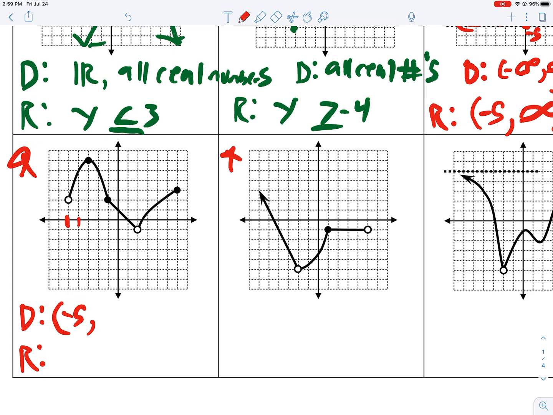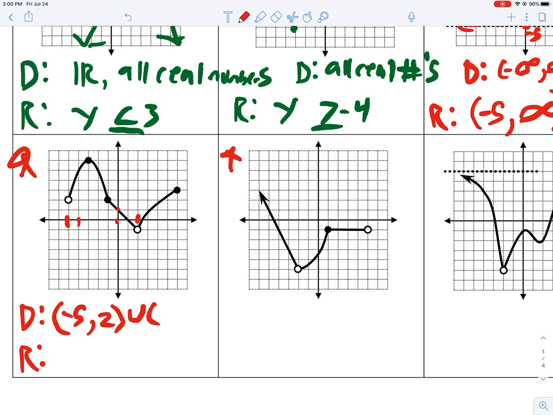Now you keep going, at 0 there's a point, but when we get to 2, there's another hole in the graph. So when I say x is 2, is there a point on the graph? No. So we can't touch 2. We're going to have to go past 2 because the graph keeps going. So we're going to use a union because there's more than one set of domain.